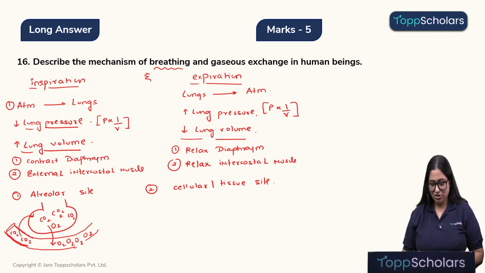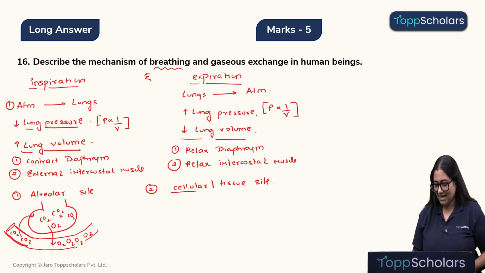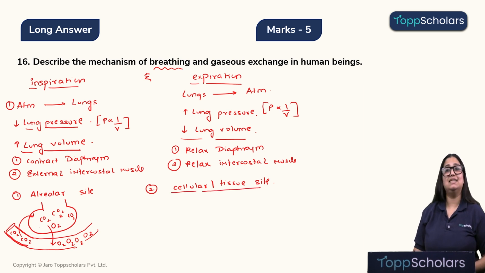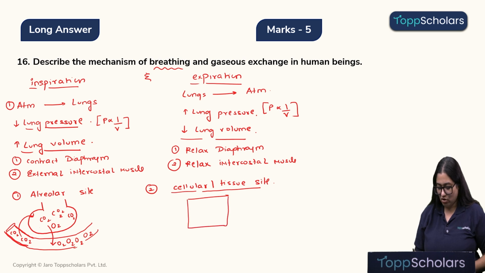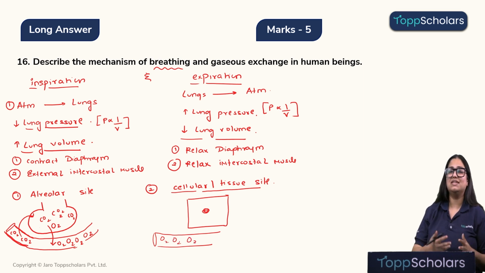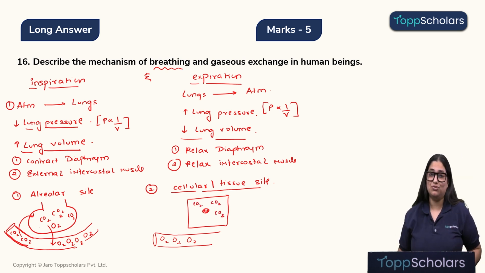Alright. Now children, let's understand the gaseous exchange that takes place at the tissue site. Meaning, this is a cell of the body which is going to receive a fresh amount of oxygen from the oxygenated blood. Now a cell is constantly doing chemical reactions, right? And therefore it has a lot of CO2 and very little O2.